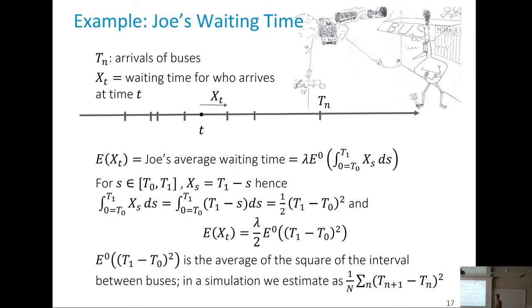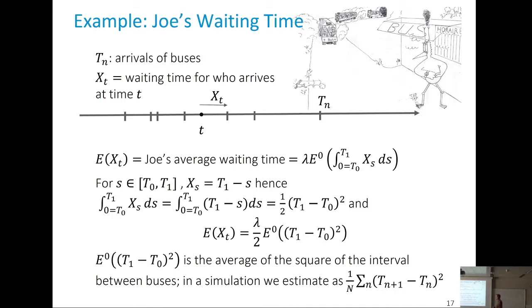What is this Palm expectation? Well, Palm means sample at an arbitrary bus arrival. So it is the average of the square of the interval between an arbitrary bus arrival and the next one here. So in a simulation, we would estimate it as 1 over n sum of (tn plus 1 minus tn) squared.